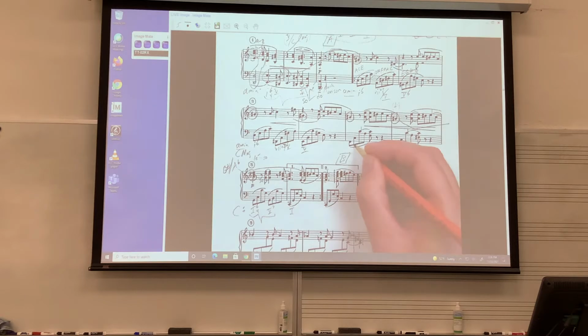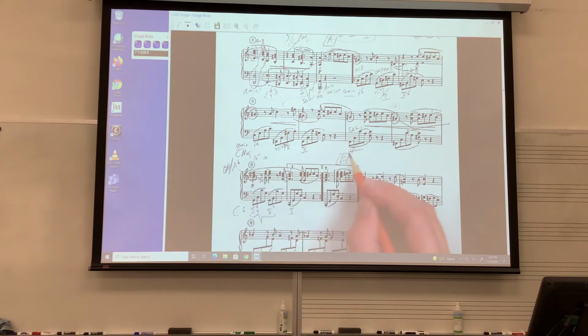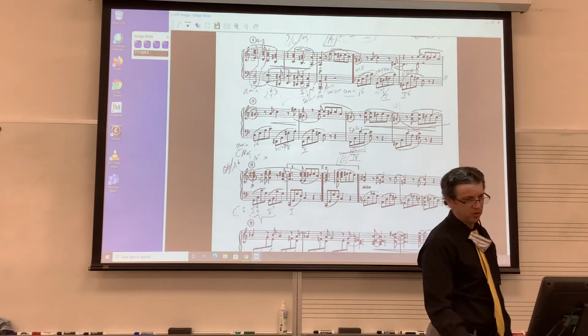Here we have F, A, C, which is VI. You'll also know that F, A, C can work in the key of C major as IV. So here's our pivot chord. We get i, vii°7 of V, V, i, vii°7 of V, V, VI, which can become IV in the new key.